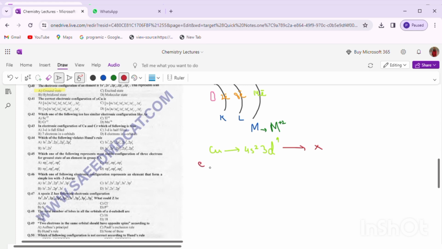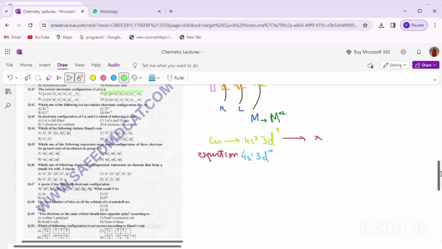According to that exception, the electronic configuration of this would be what? It would be, of course, 4s1, because one electron from s has gone to the d orbital and it has completed d's orbital, right? So our correct answer here is C, right?